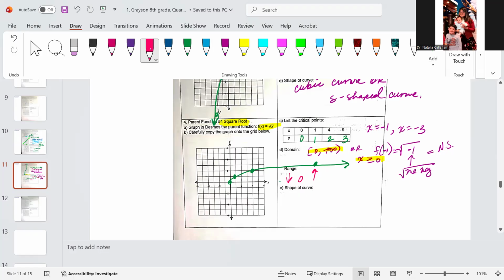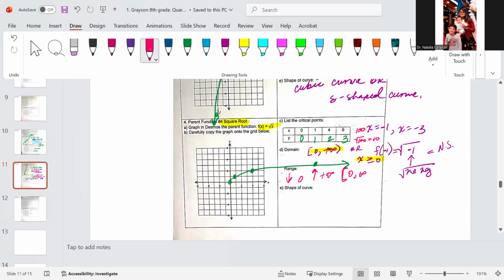No, I think it's going to keep going because here it's going to 1, 2, 3. If you keep going, like if x is 100, the square root of 100 will give you 10. Correct? It's going to go to positive infinity, just slowly, right? So range is from 0 to positive infinity.